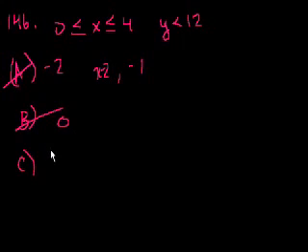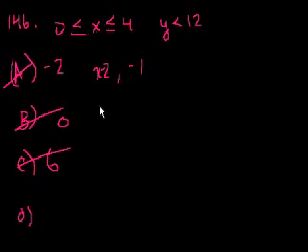C, 6. Well, if x is 2 and y is 3, I can easily get 6. Right? And they don't even tell us that x and y have to be different. D, and they don't even tell us they have to be integers. 24. Well, the largest number that x can be equal to is 4. Right?